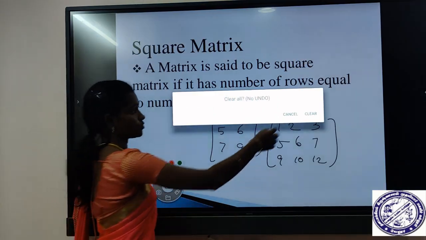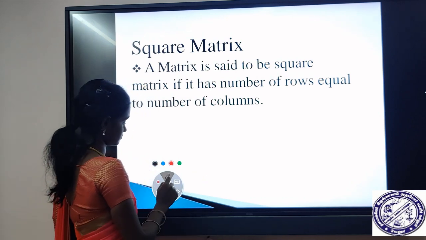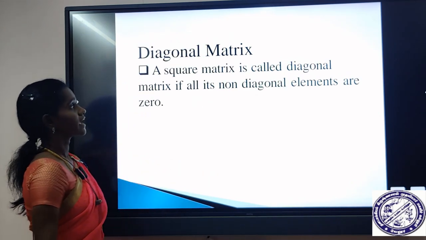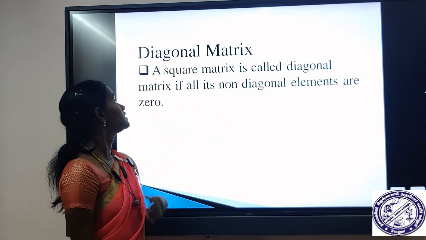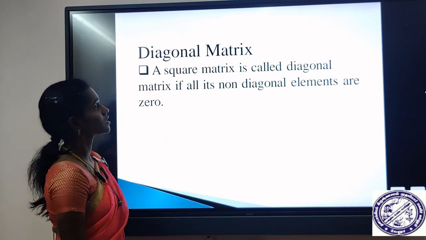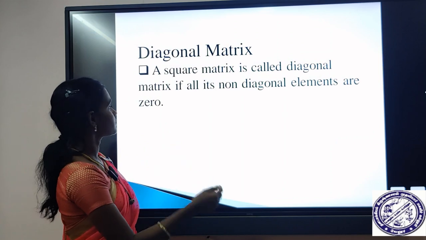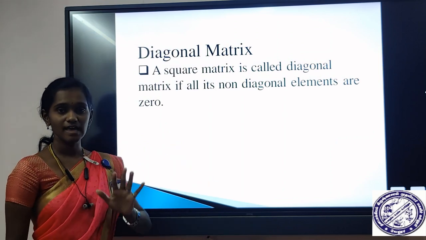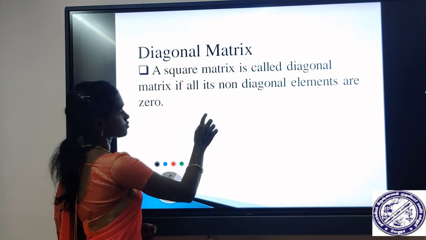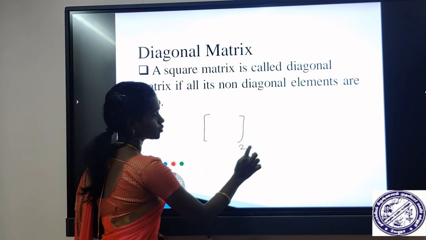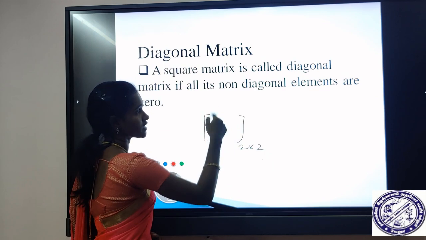Then we are going to see about the diagonal matrix. A square matrix is called a diagonal matrix if all its non-diagonal elements are 0. Square matrix means like this, 2 cross 2, which means 2 rows and 2 columns.